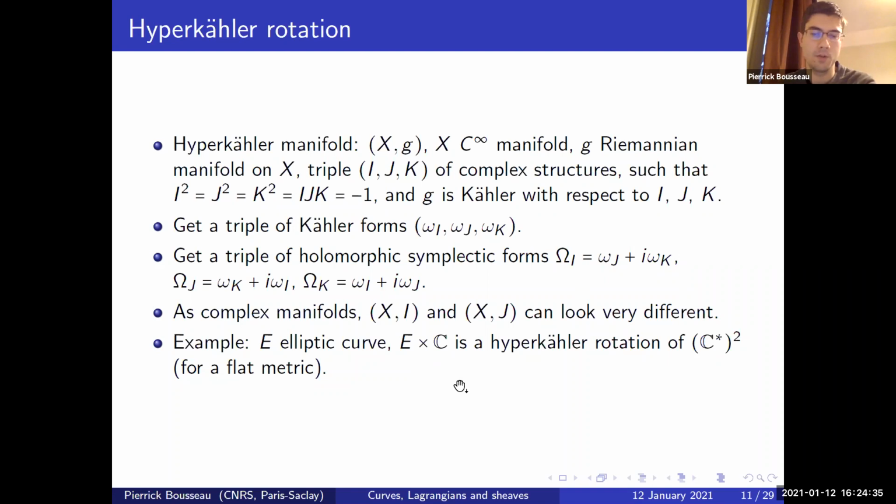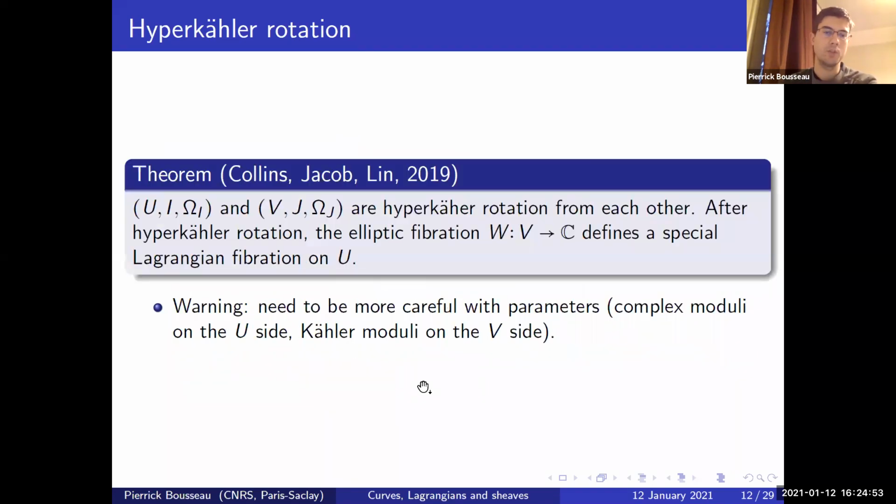And now the story I'm going to describe is simply, not so simply, but is a variation of this example. C star squared is some hyperkähler rotation of E cross C, and now we replace C star squared by this variety U, and I replace E cross C by V. And the claim, which is a quite recent theorem due to Collins, Jacob, and Lin, is that the two varieties I've introduced, U with omega I and V with omega J, are hyperkähler rotations of each other.